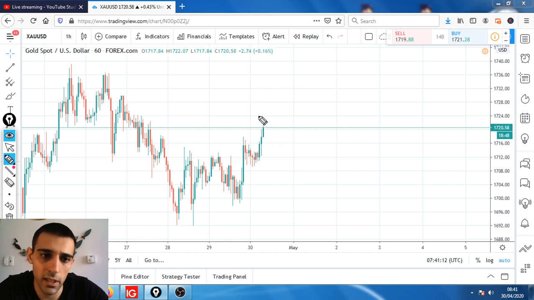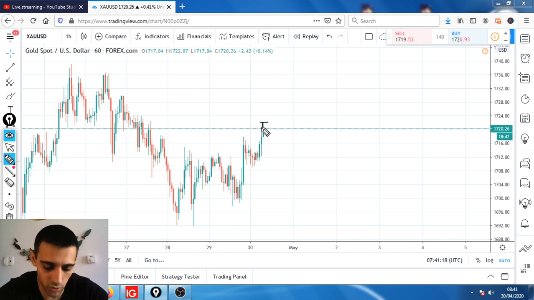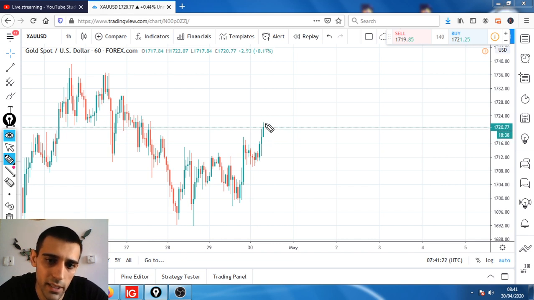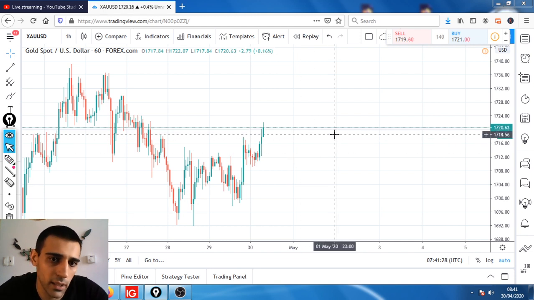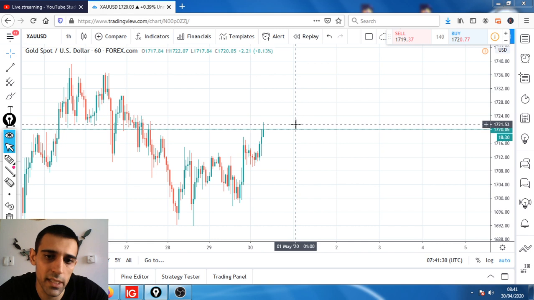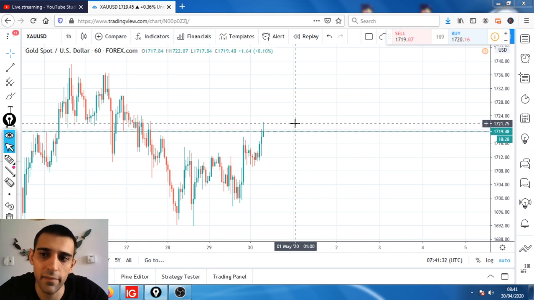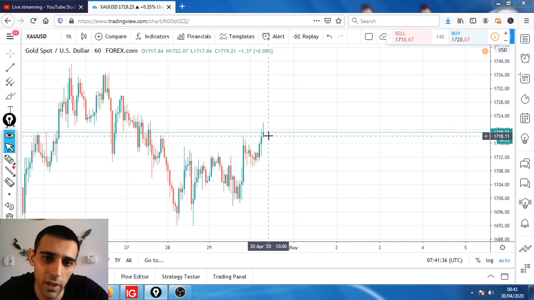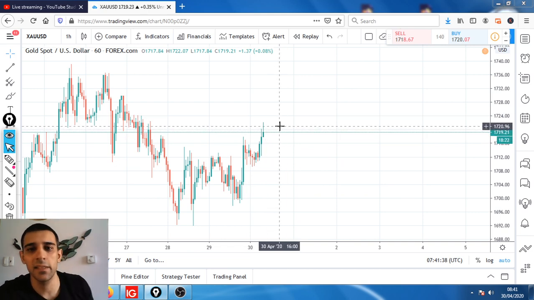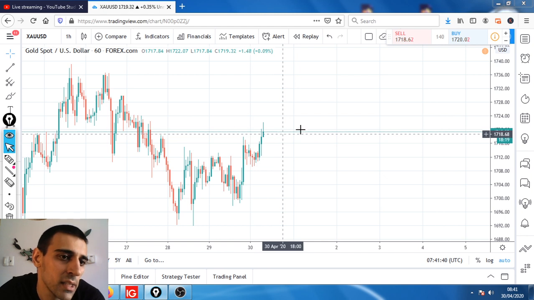Ideally it closes as a bullish candle, ideally comes up and covers with no wick or very little wick in here. I don't want to see it coming down and having a long wick. So let's say it closes nicely up at the 1721 zone, leaving no wick or very little wick. Now we have this long wick, but we still have 19 minutes before this one closes.